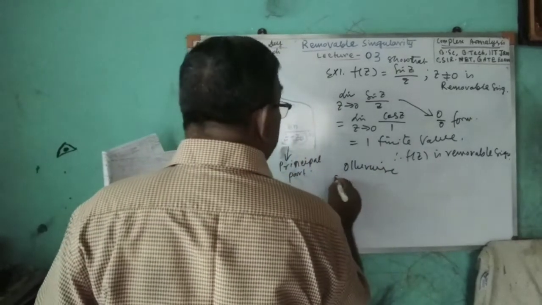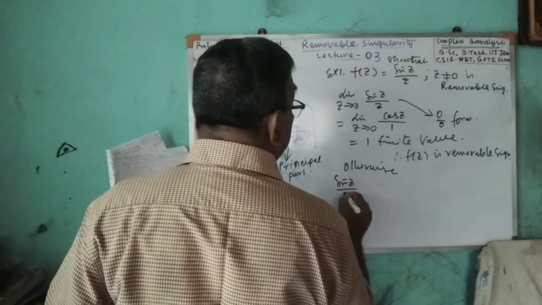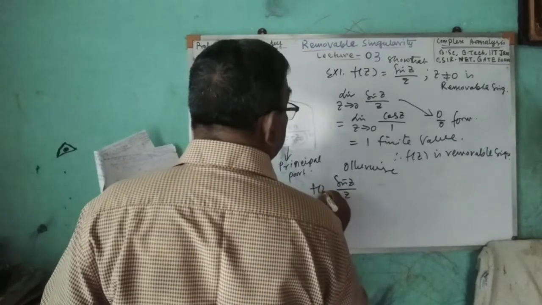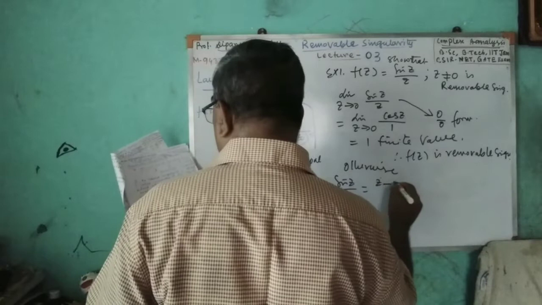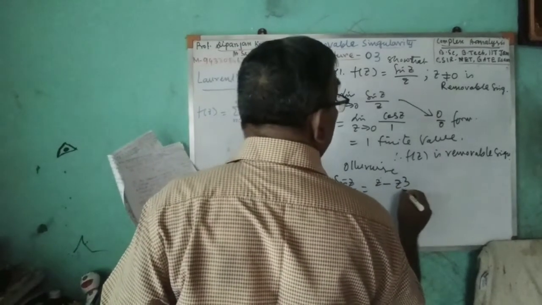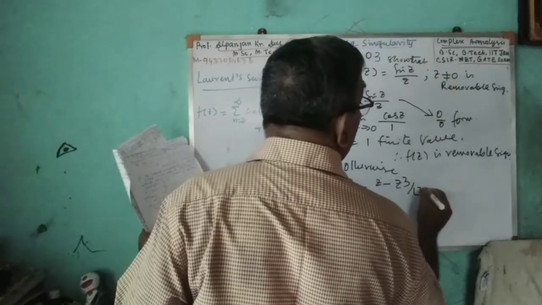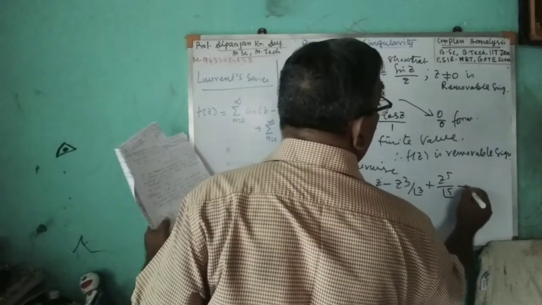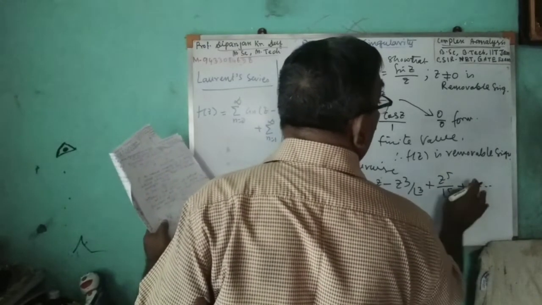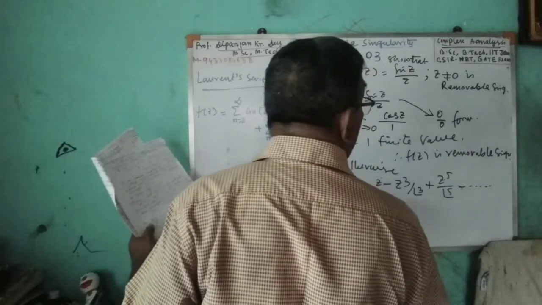Look, sin z by z. f(z) is equal to sin z, that is z minus z cubed by factorial 3 plus z to the power 5 by factorial 5 minus dot dot dot, divided by z.